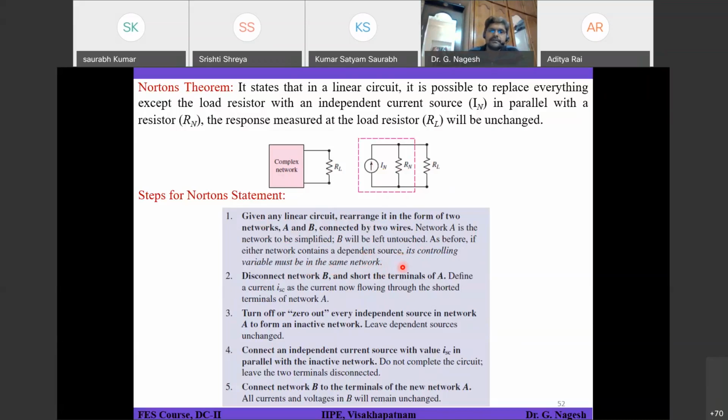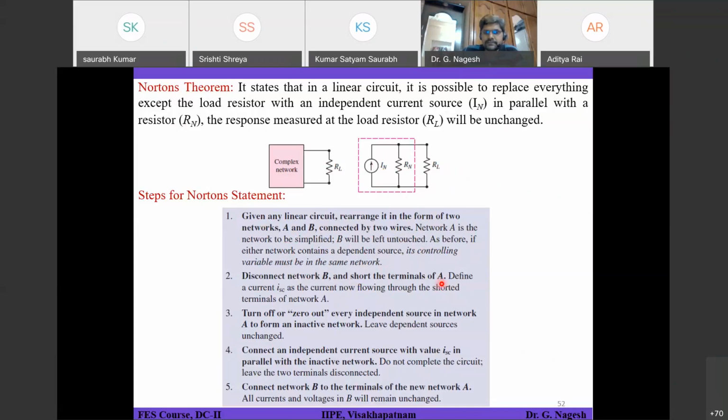Step 2: disconnect network B and short the terminals of network A. That is the difference between Thevenin's and Norton's theorem. In that case, we disconnected the load resistance, open circuited the terminals, and found the open circuit voltage.